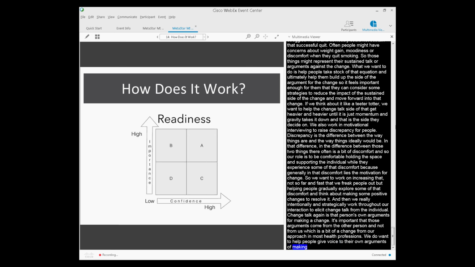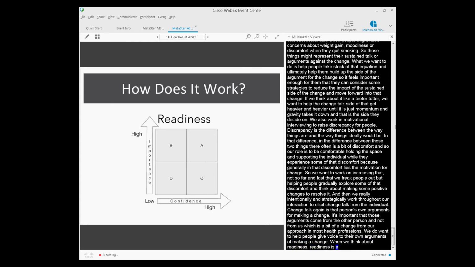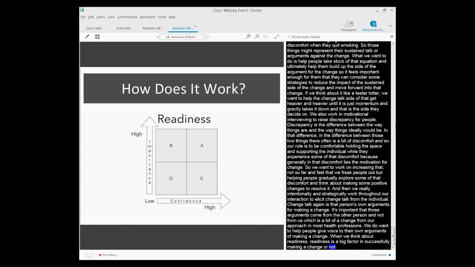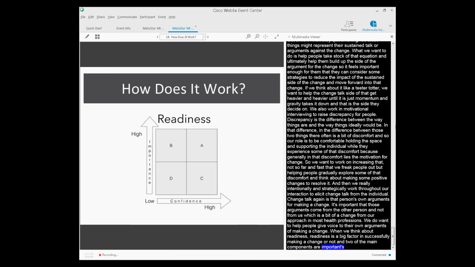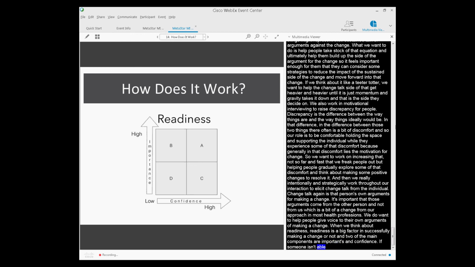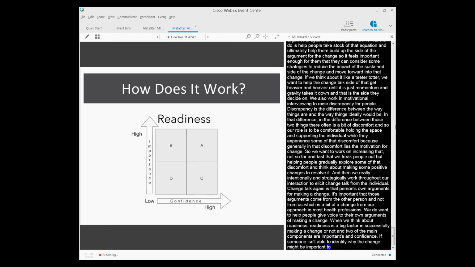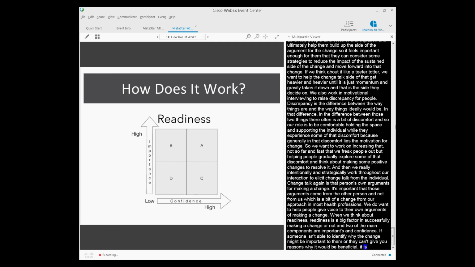When we think about readiness, readiness is a big factor in successfully making a change or not. And two of the main components of readiness are importance and confidence. If someone isn't able to identify why a change might be important to them, if they can't give you some reasons why that change would be beneficial, it's unlikely that they're going to put forth any effort toward the change.